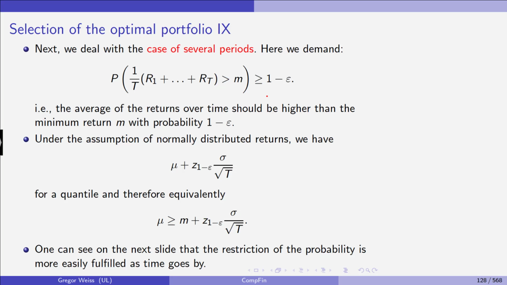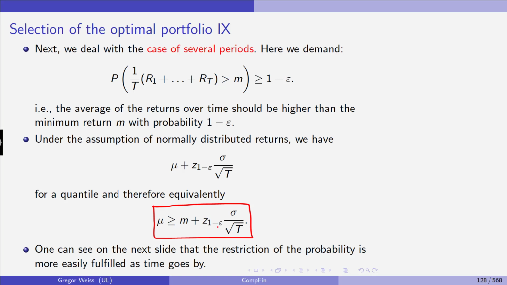Again, we assume normally distributed returns, so we have mu plus z quantile times sigma divided by the square root of T. If we put it on the right side and solve for mu, we see that mu has to be larger or equal than m plus z quantile times sigma divided by square root of T.